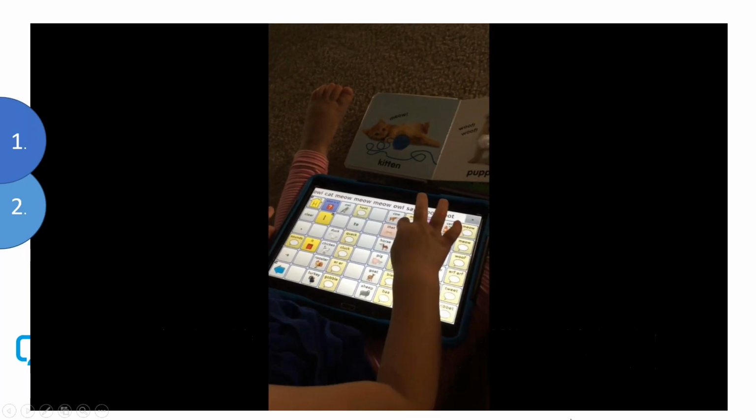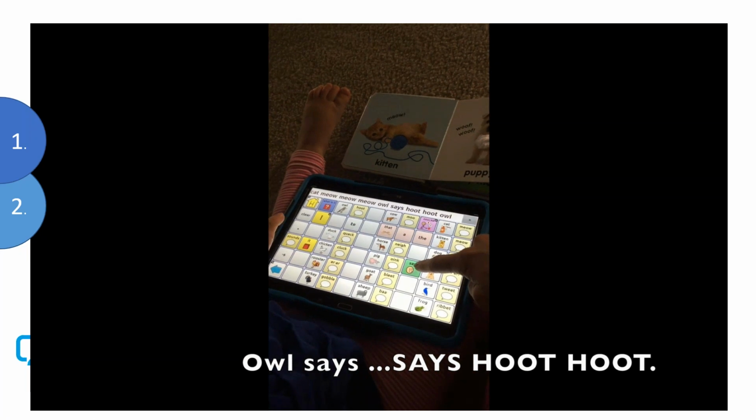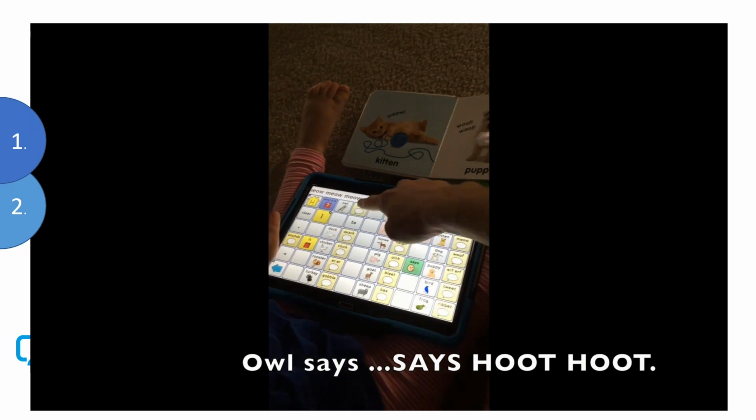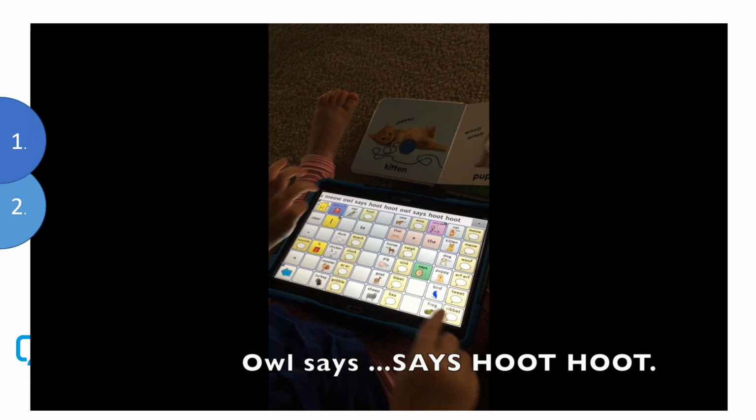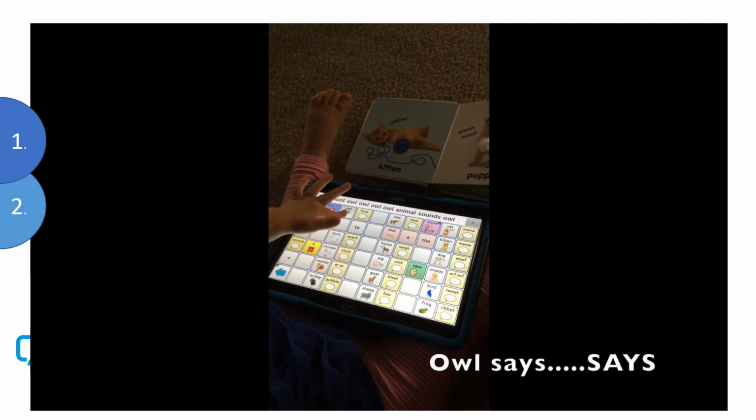So just a book share activity. They're using a word power vocabulary and talking about animals and the sound that they make.